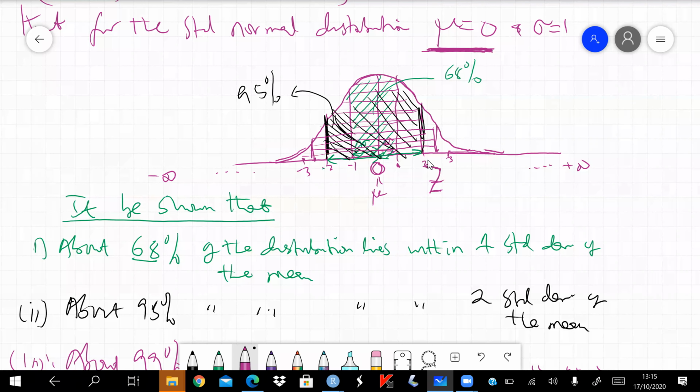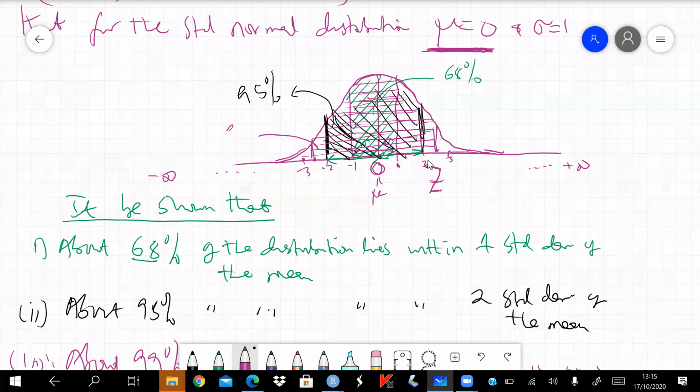We're saying that area there is about 99%. That means the remaining part is around 1%.